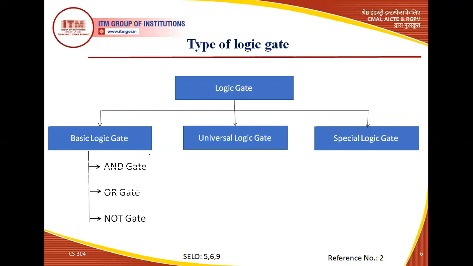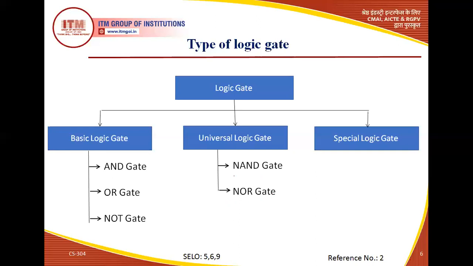In basic logic gates, AND, OR, and NOT gates come under the category of basic logic gate. While NAND and NOR gates are called universal logic gates. So why are NAND and NOR gates called universal gates? Because we can implement any Boolean function by using only NAND gates or NOR gates.